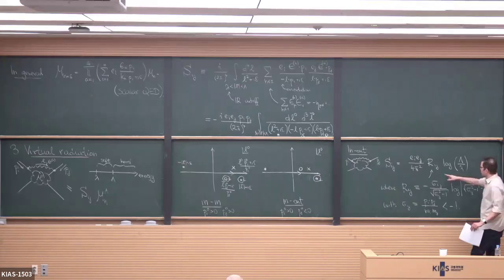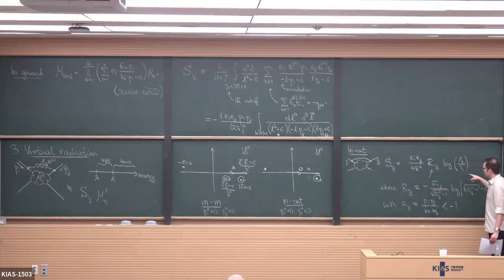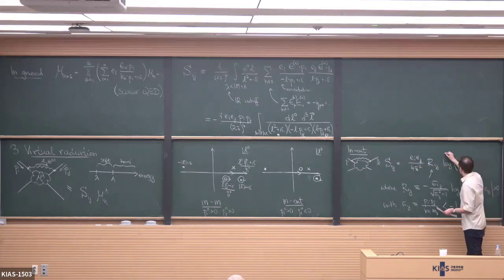All right, and what this means is that this log here is positive as well, because the cutoff lambda is always above the smaller lambda.